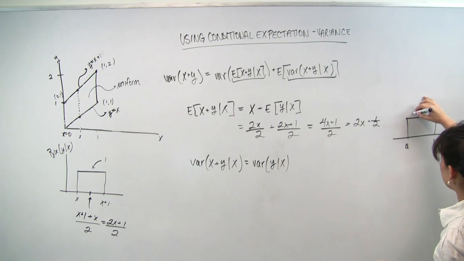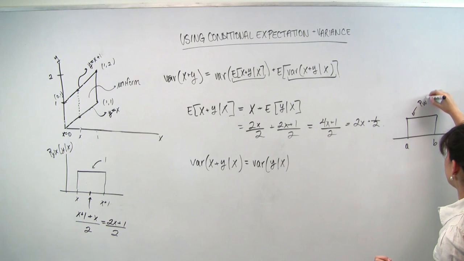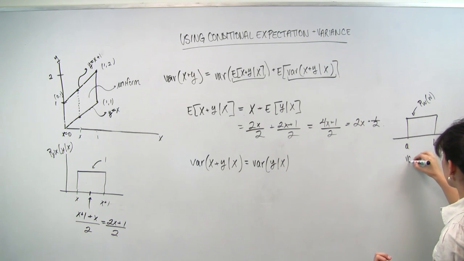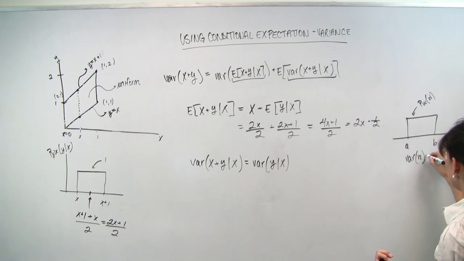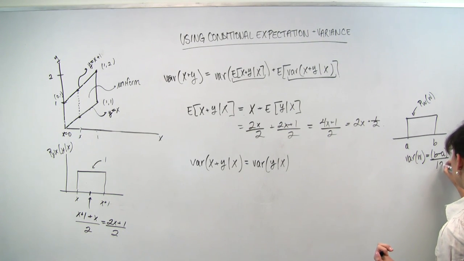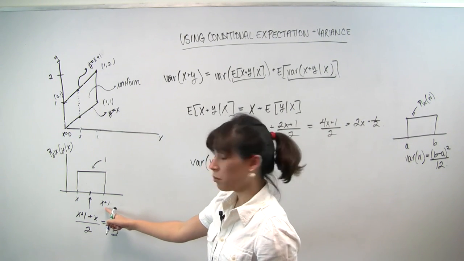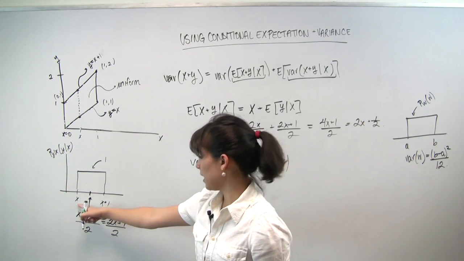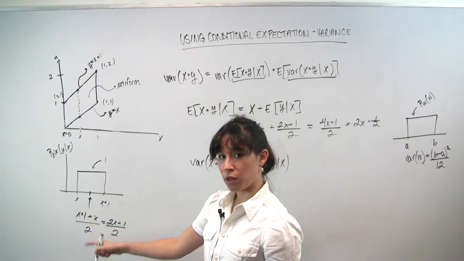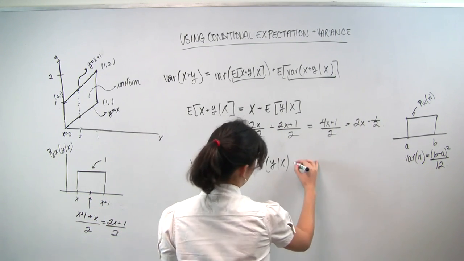Let's call it W. This is p_W(w). We have a formula that says the variance of W is equal to (b minus a) squared over 12. So we can apply that formula over here. b is x plus 1, a is x, so (b minus a) squared over 12 is just 1/12. So we get 1/12.